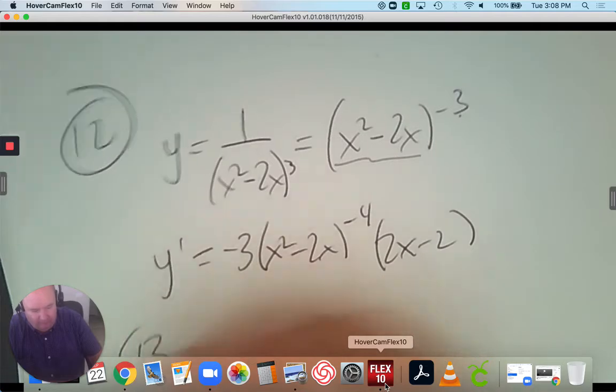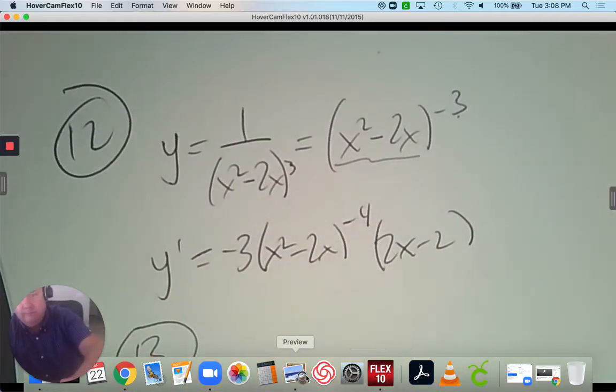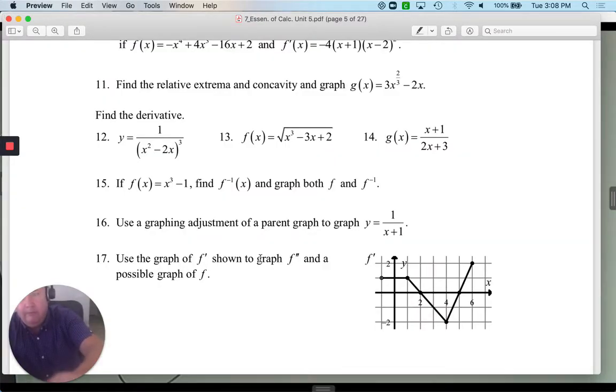Number 13. In number 13, you have f of x equals the square root of (x cubed minus 3x plus 2). Again, I'm going to write that to the exponent 1/2, and then take the derivative using the chain rule.